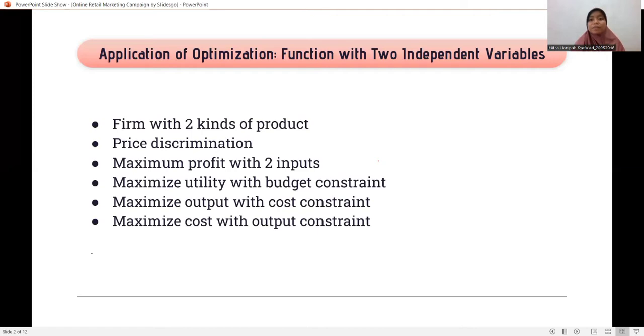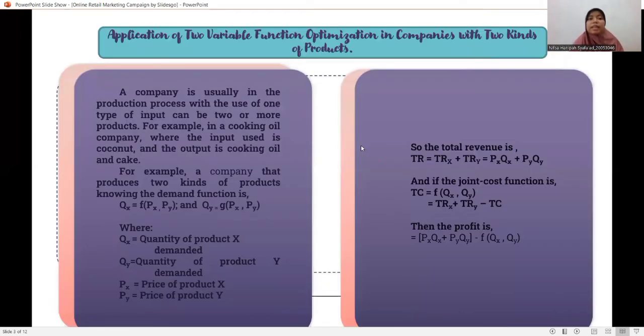Okay, the first material is the application of 2 variable function optimization: optimization in companies with 2 kinds of product.